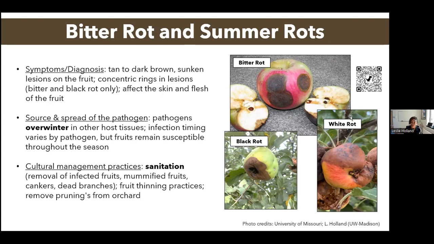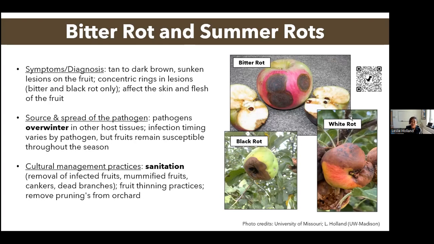Infection timing, of course, is going to vary by pathogens, but the fruits do seem to be susceptible throughout the growing season. So if you are seeing a lot of fruit infections, sanitation is going to become incredibly important as infections can continue to happen. And this includes removal of infected fruits, as well as any dead branches or cankered branches.